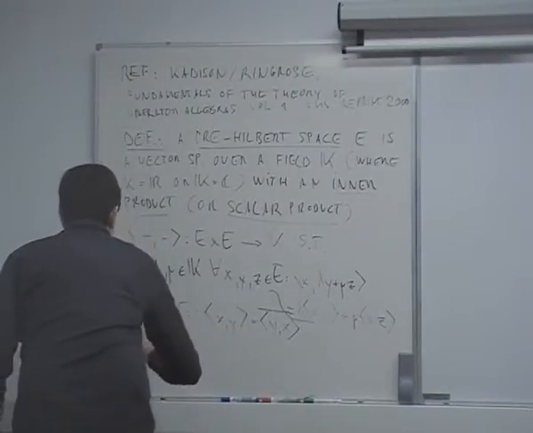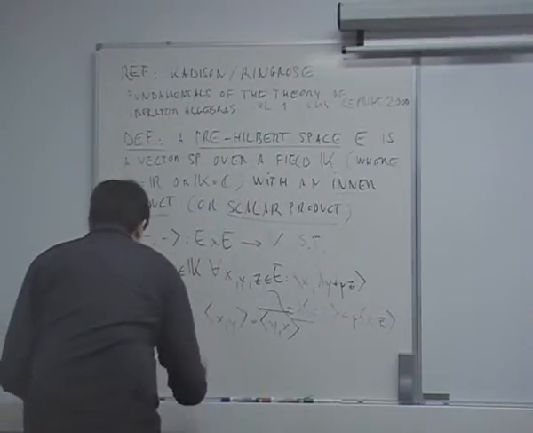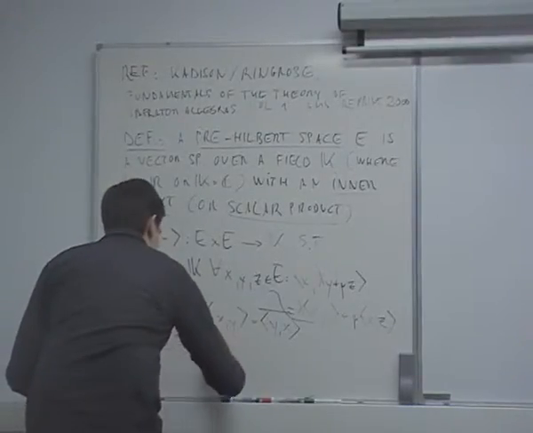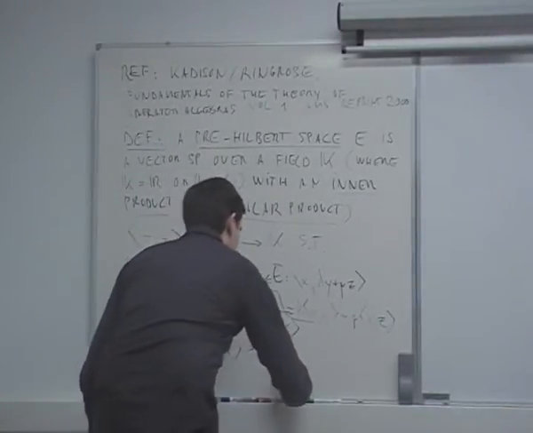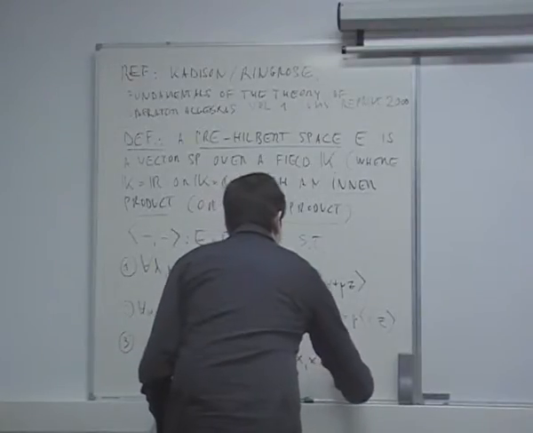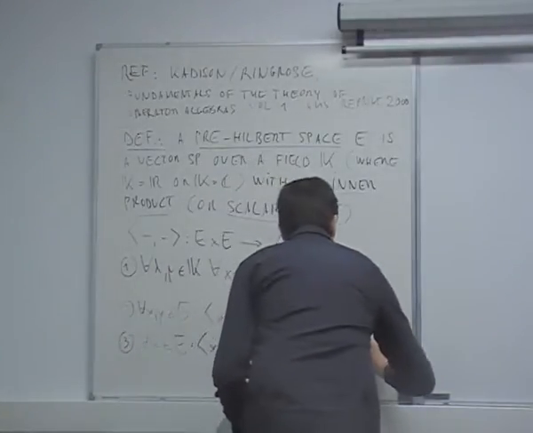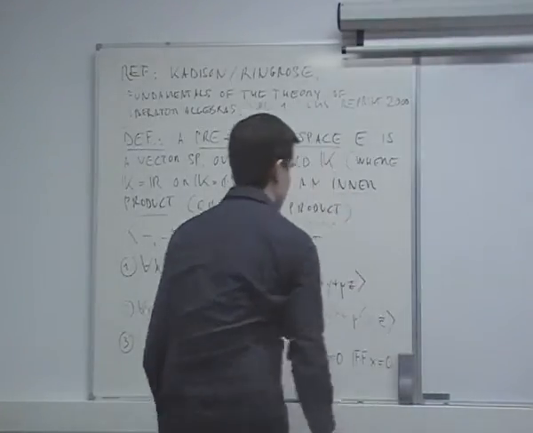And the third property, of course, is for all x in E, we have that the scalar product of x with x is greater than or equal to 0, and x comma x equals 0 only if x itself is 0.